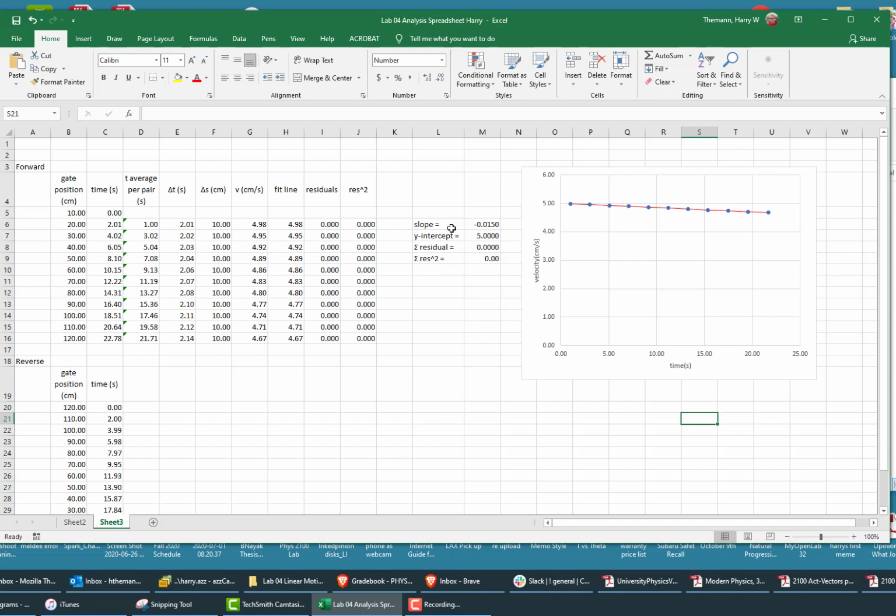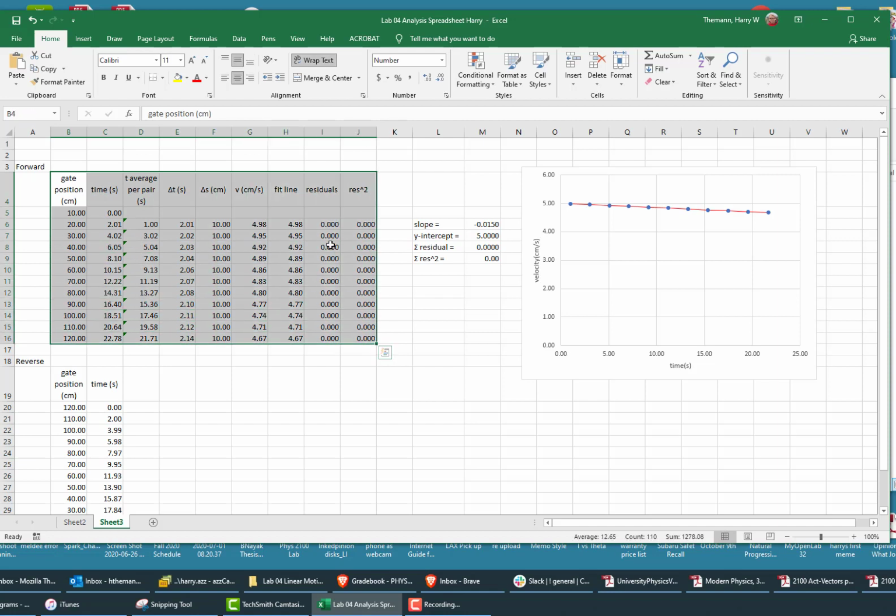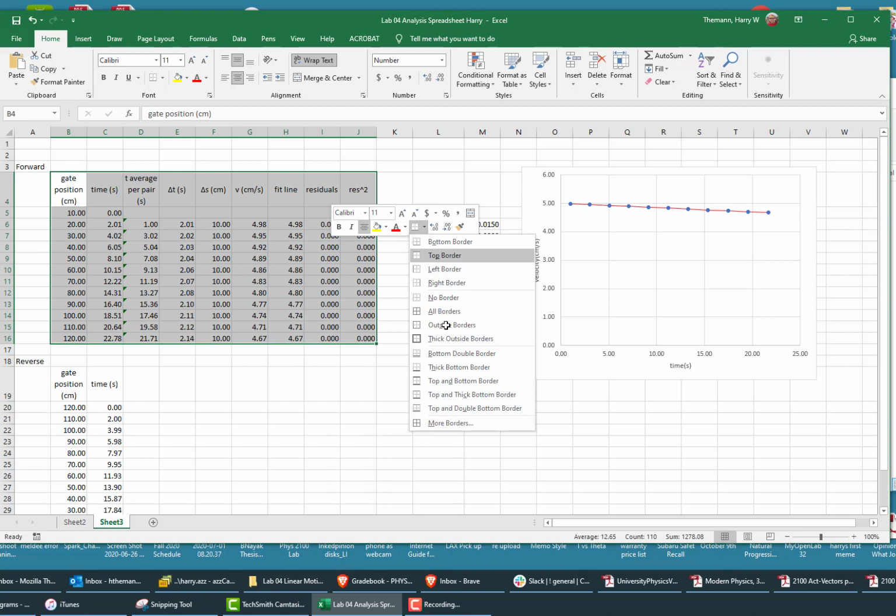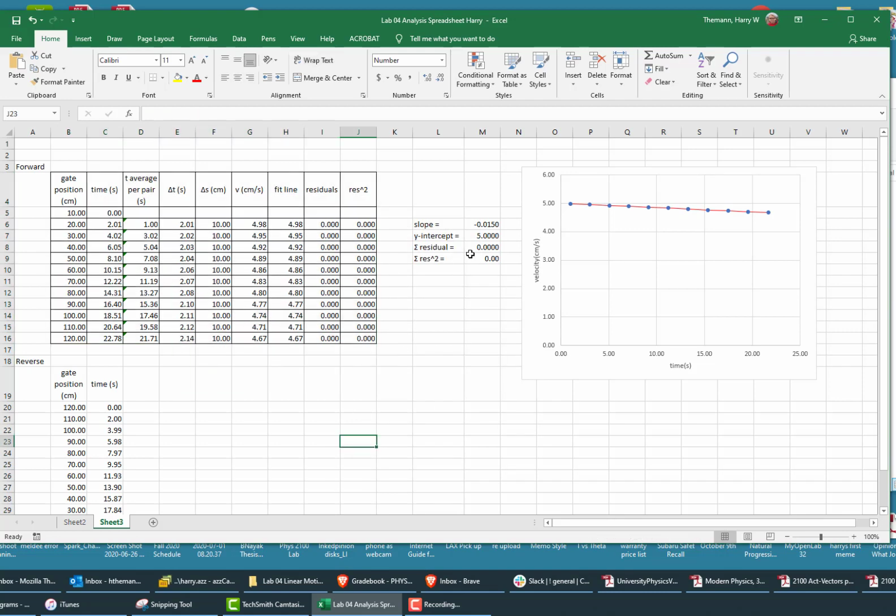So what we do then is, let's tidy this up. And let's put our grid around it. All borders, we've got the units, and let's make sure that we format them as numbers. Yup.